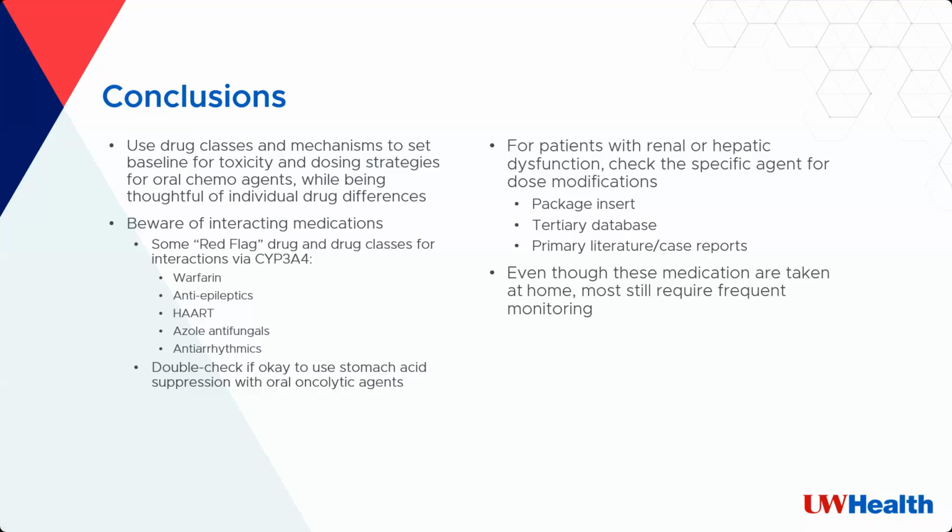And even though these medications are taken at home, most still do require frequent monitoring. Keep in mind, like venetoclax for CLL, they can be convenient options for patients, but to set appropriate expectations, oftentimes when you're getting started, there can still be a high degree of monitoring required.